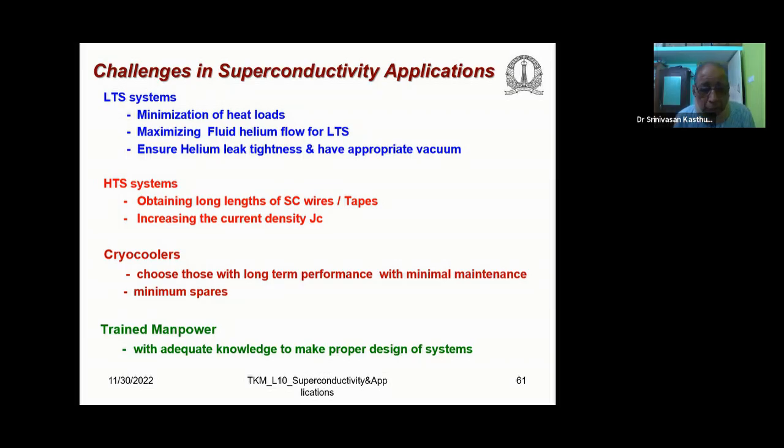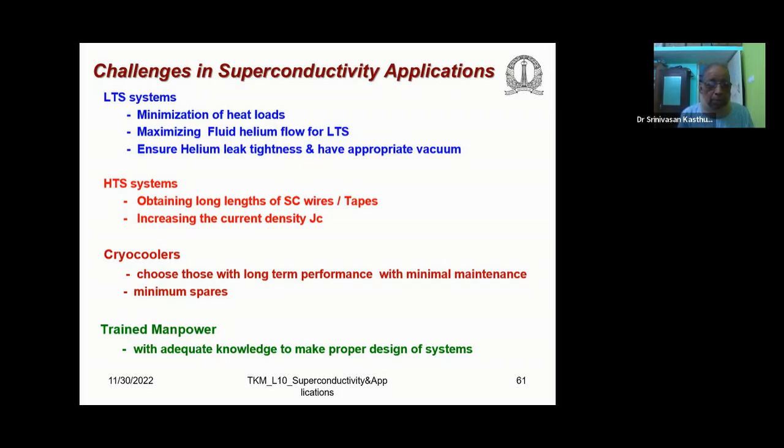People are trying to understand how to handle this anisotropic type of superconducting wire. It also causes a disadvantage in bending, the minimum bending radius for making superconducting magnets. People are still trying to understand this.